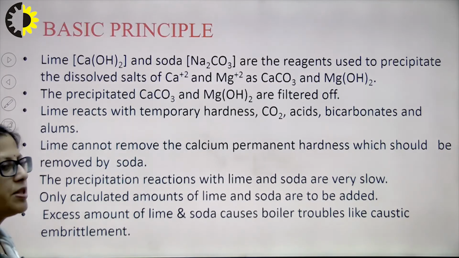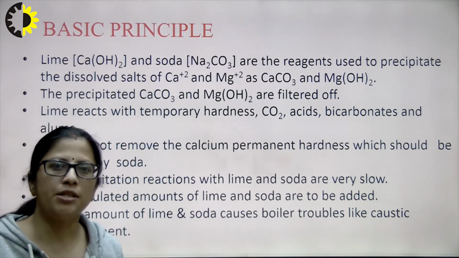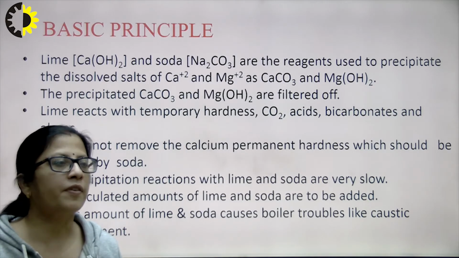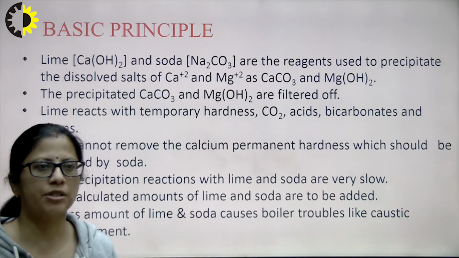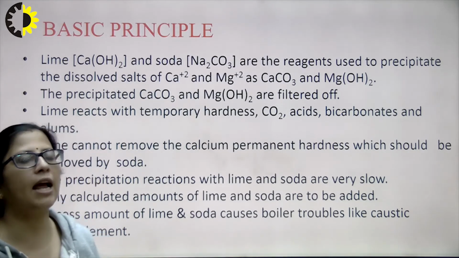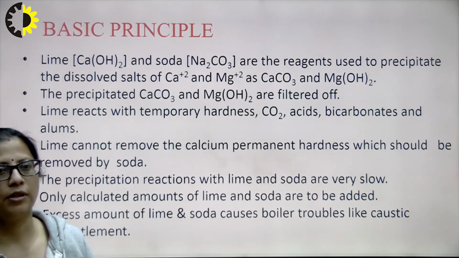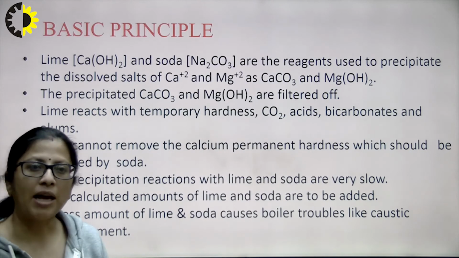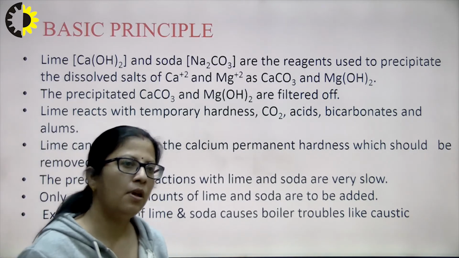Coming to the basic principle, lime and soda are the reagents which are used to precipitate the dissolved salts of calcium and magnesium as calcium carbonate and magnesium hydroxide. Now, these precipitated calcium carbonate and magnesium hydroxide are filtered off. Lime reacts with the temporary hardness, that is bicarbonates, CO2, acids, alums.